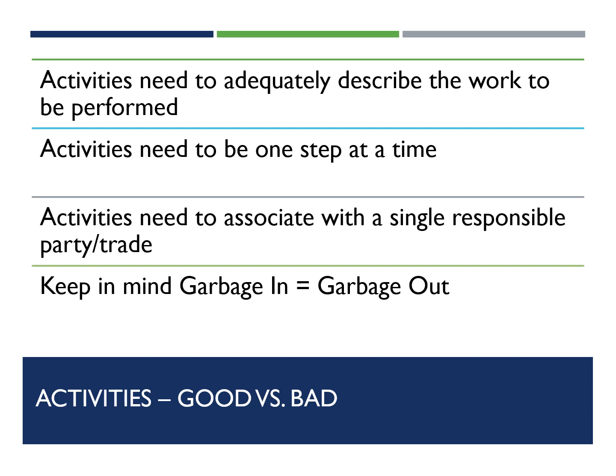Activities need to associate with a single responsible party. So my favorite one that we see all the time is MEP install: mechanical, electrical, plumbing install. Typically that's 3 trades. It could even be 4 or 5 trades. We need to break those activities down into individual trades.